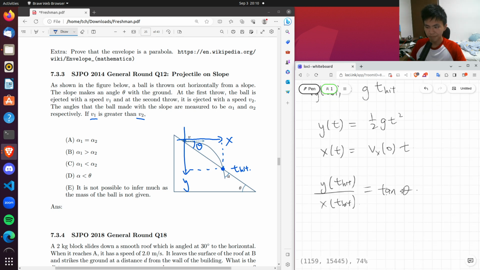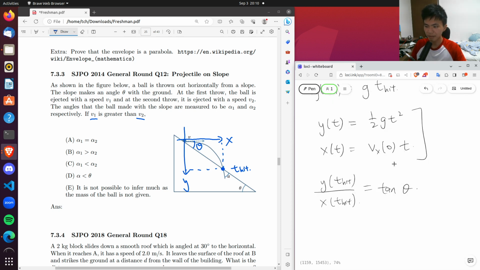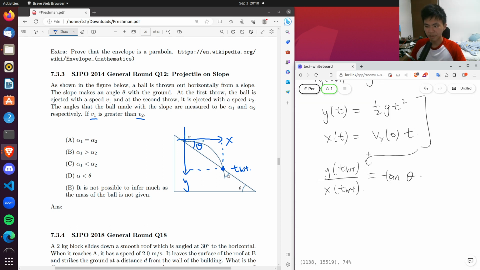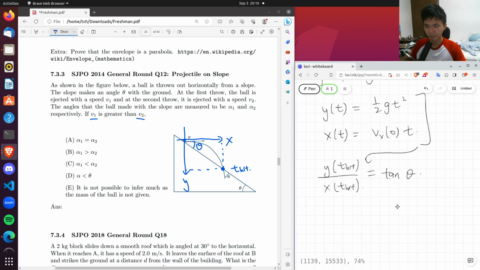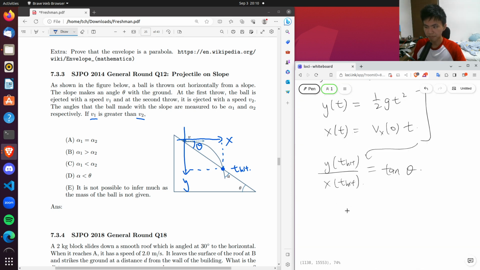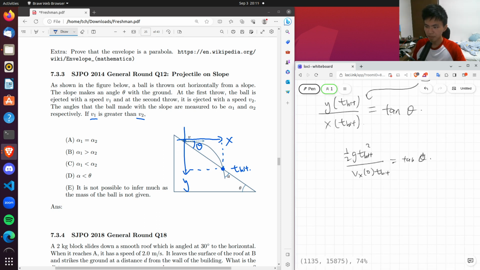So with this relation, if we substitute these functions into it, what we get is an equation relating t hit and vx naught. Let's work that out. Half g t hit squared over vx naught t hit equals tangent of theta, and that gives us t hit equals vx naught tangent of theta times 2 over g.